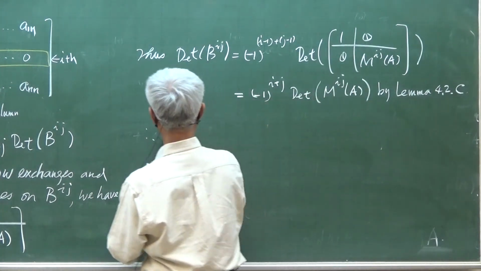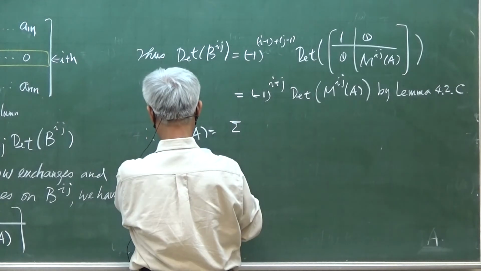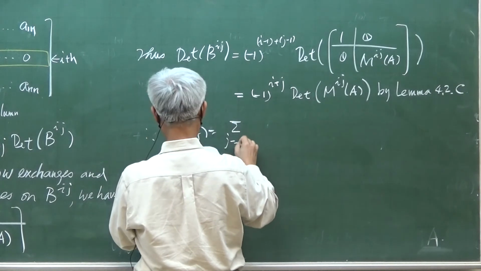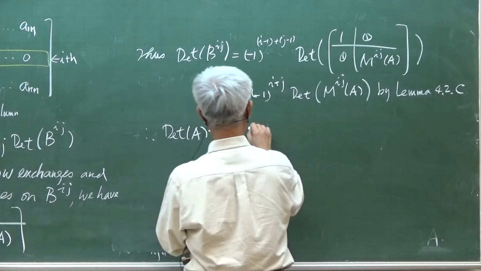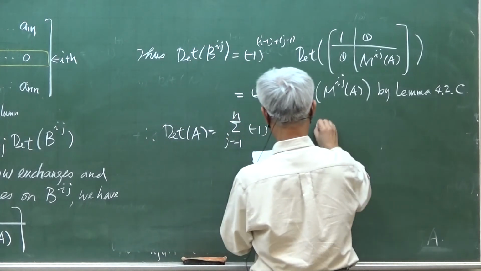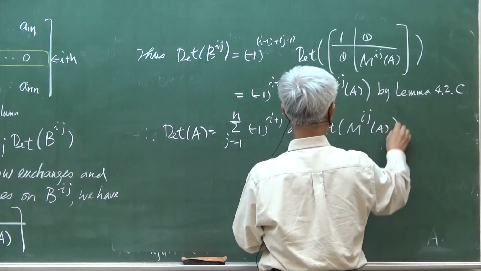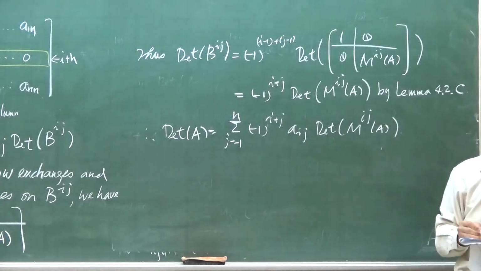Alright, so now the determinant of A becomes the summation over j from 1 to n of (-1)^(i+j) Aij times the determinant of Mij(A). Alright, so this is our formula already.